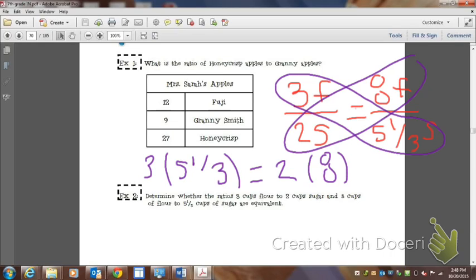So I'm going to multiply it over here. My 5 1/3 times 3. So I have 3. I'm going to write a 1 under it. Multiply that by 5 1/3. I'm going to change it to an improper fraction, which is 16 over 1.